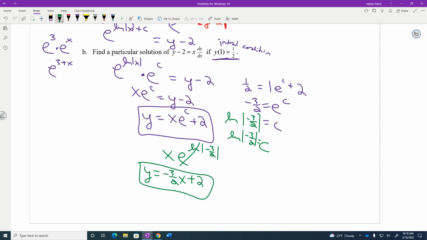Do you guys ever read message boards or anything? Like you Google a question. I thought this was kind of funny. I was just curious if there was anything AP related, like when you need the absolute values. I ended up on this Math Stack Exchange website where somebody asked this question, and the answer was kind of funny.